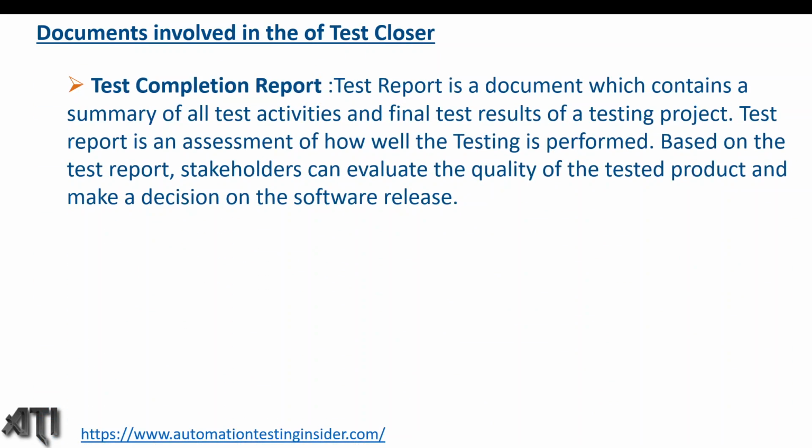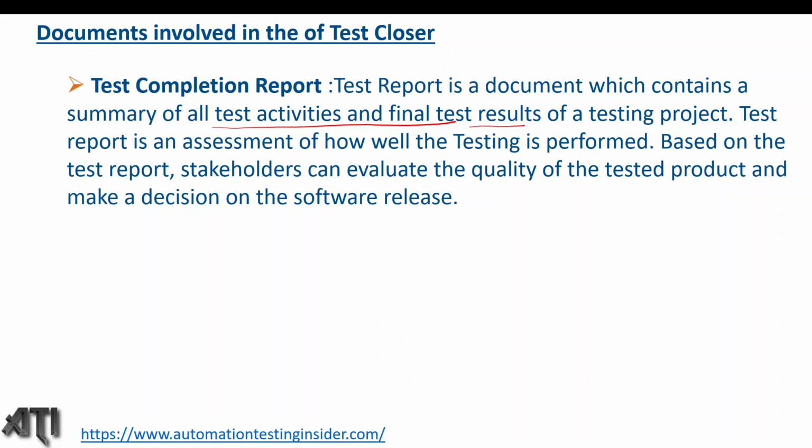Now what are the documents involved in the test closure process? Test completion report is the important one, which we have spoken about. The test report is a document that contains a summary of all the activities and final test results of the testing project. The test report is an assessment of how well the testing is performed.